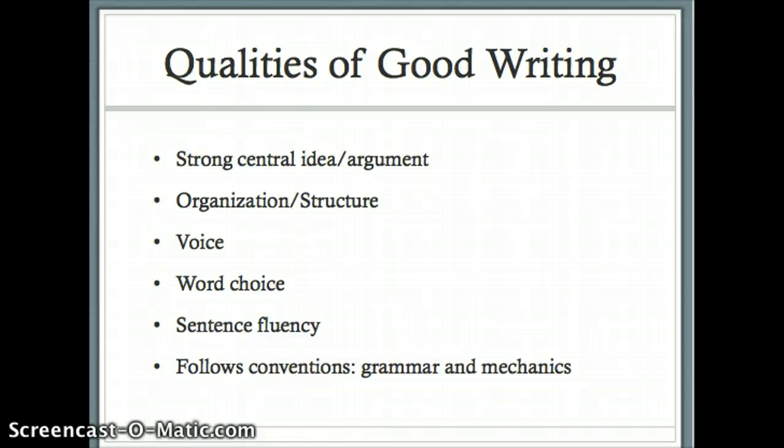So you want to have a strong point of view or an argument in all of your papers, and this is usually going to be in the form of a thesis statement. But you should have an argument, and then you should have main points to back up your argument. So this is a necessary part of any essay writing.